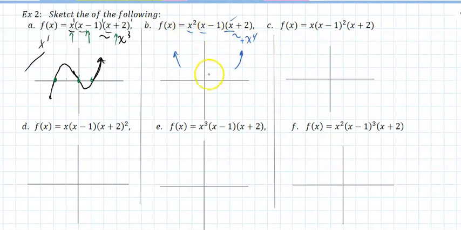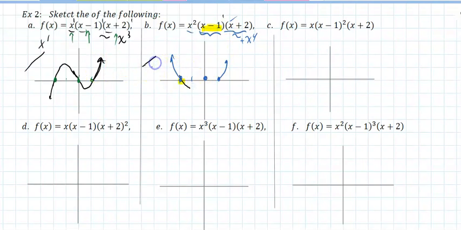The zeros are 0 again, 1, and negative 2. So if I can make this properly, I know the left endpoint and the right endpoint. Now, left to right, this zero comes from that factor. It has a power of 1, so you cross like a straight line.